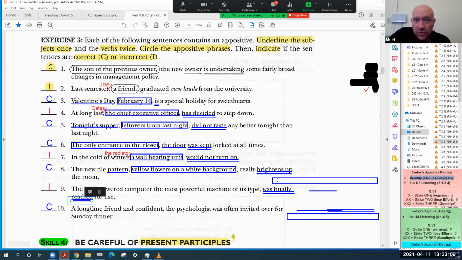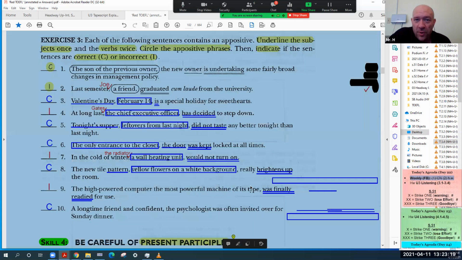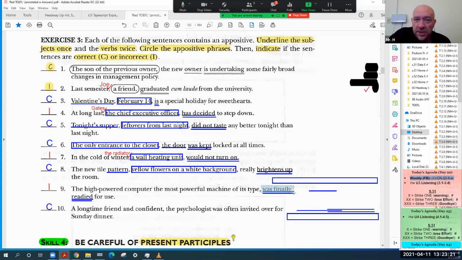That means we have the auxiliary, then an adverb, and then verb 3. By the way, which formula is that, guys? Passive. Okay.